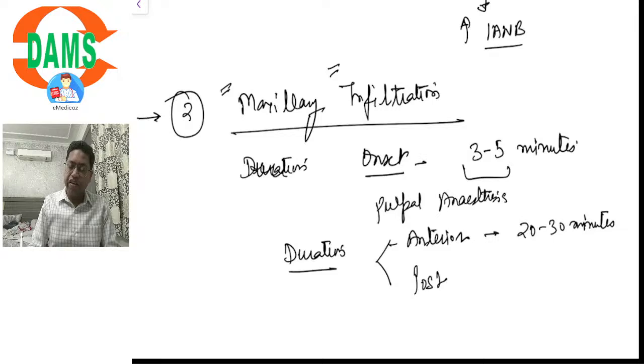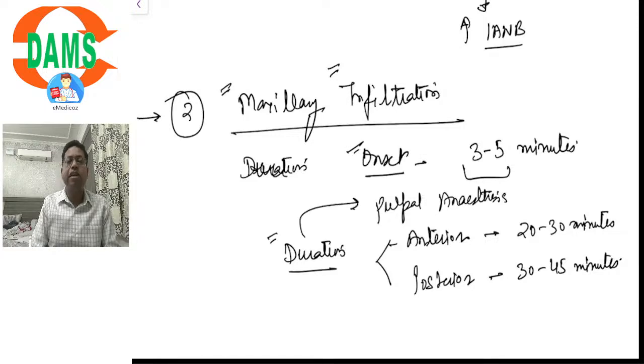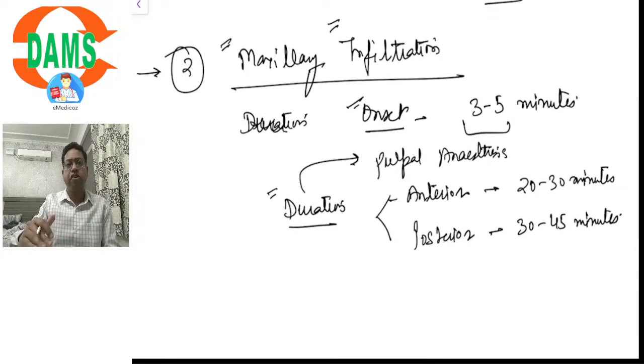For posterior teeth, we get about 30 to 45 minutes of pulpal anesthesia. So the onset and duration are all related to pulpal anesthesia. I'm not talking about any other form of anesthesia, soft tissue, gingival tissues, mucosa, etc. We are concerned about the pulpal anesthesia, so onset and duration are related to that only.